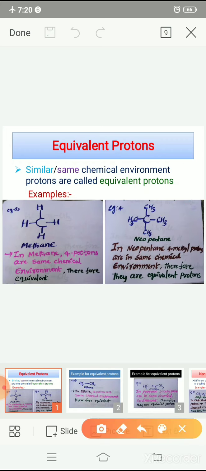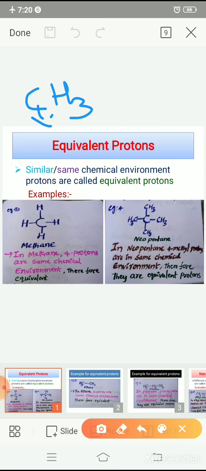I am taking another example. For example, CH3 protons. These three protons are in the same chemical environment, meaning these three hydrogens are attached to a single carbon. So these three hydrogens are chemically equivalent.